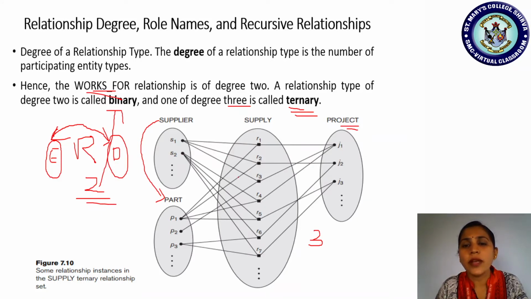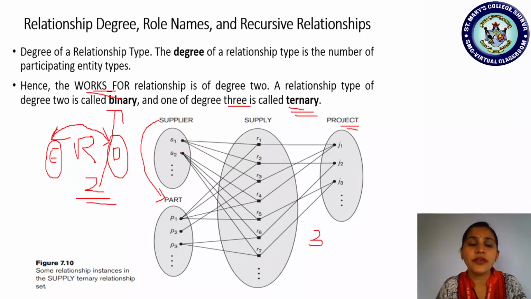Similarly, supplier 1, R2, there is a supply instance where supplier 1 supplies part 1 itself to which other project? Project 2. Similarly, supplier 1, R3, a supply relationship instance, supplies part 2. See here, supplier 1 supplies part 2 to which project? Project 1.